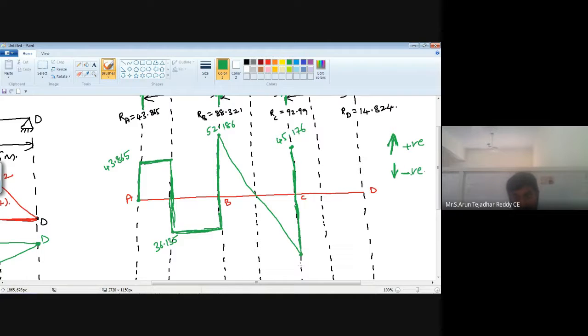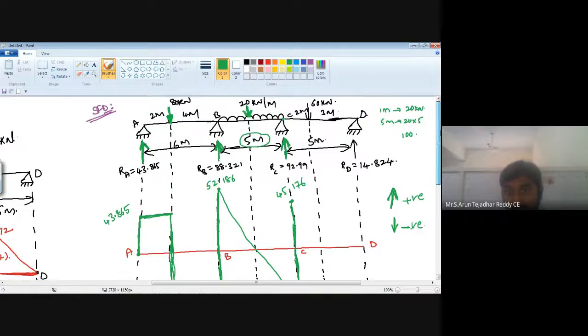Now this value is 45.176. See here also, right? It is 47.814. Now once you see here, here we have a 60 kilonewton load. It means from this point to this point is constant. So in this point we have a downward force, that is 60 kilonewton.